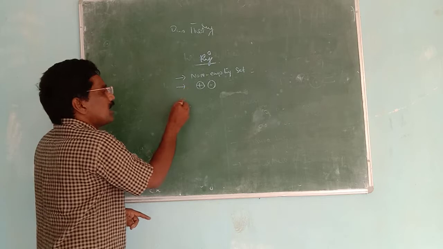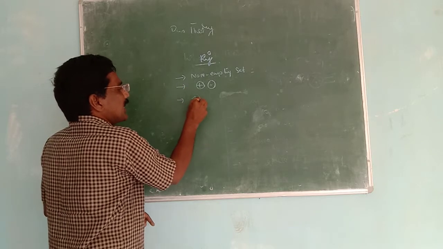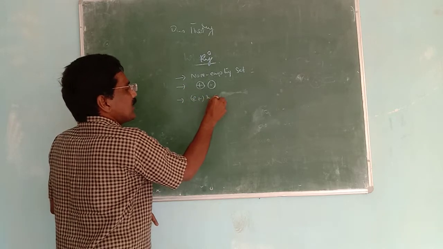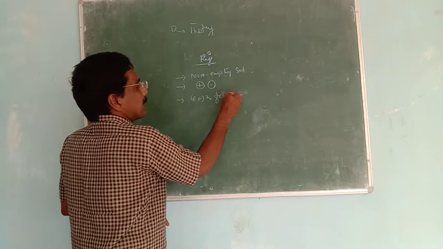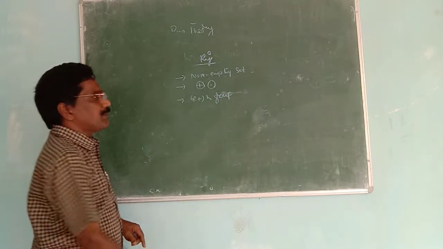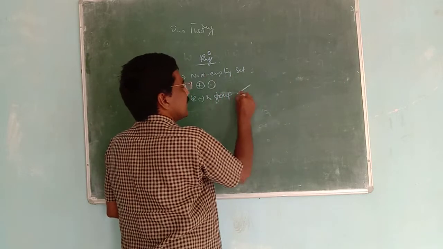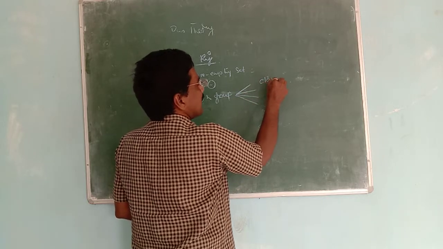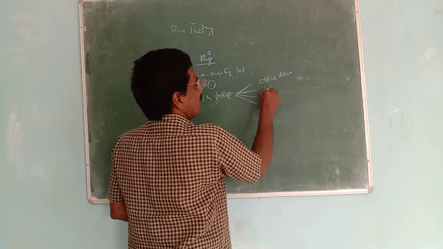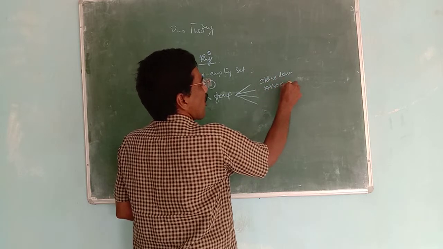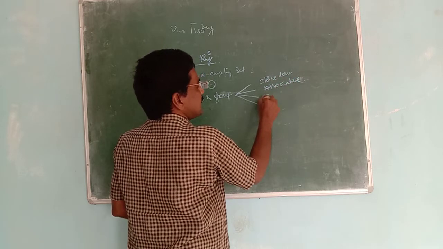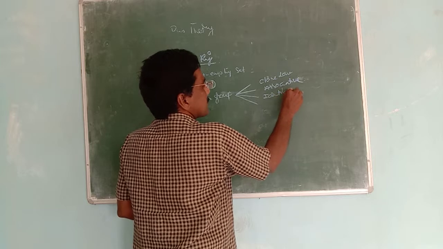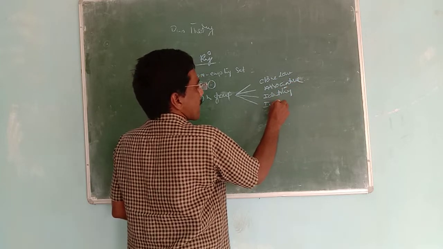First of all, according to addition, R plus is a group. It means four conditions are satisfied. What are the four conditions? Closure law, associative, identity and inverse.